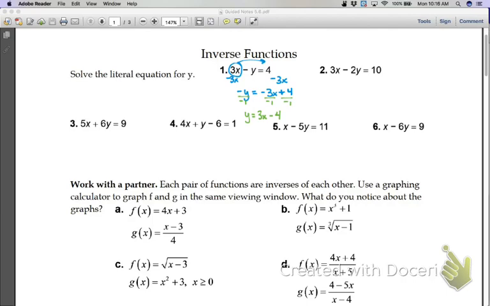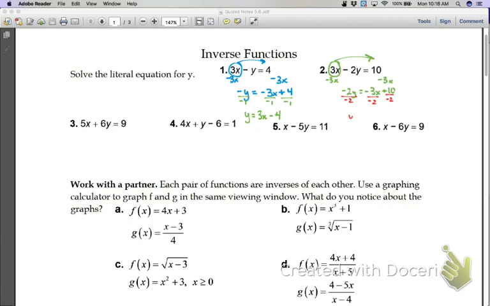On the next one, if I have 3x minus 2y equals 10, you're going to move that 3x over to the other side first. So I have negative 2y equals, and I always put the x value in front and then my constant on the back side. I need to divide everything here by negative 2.